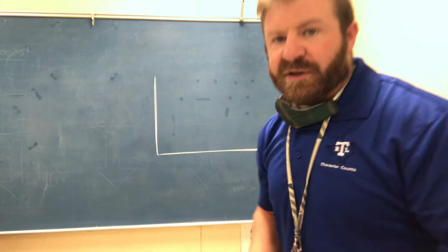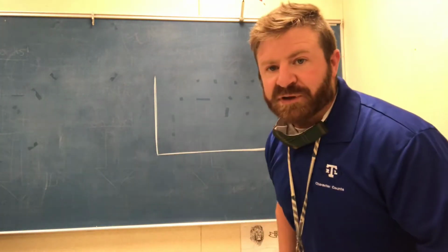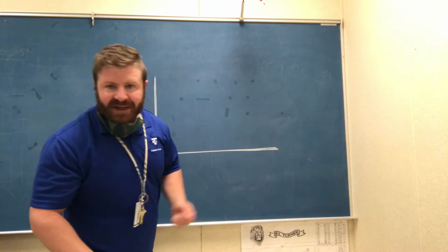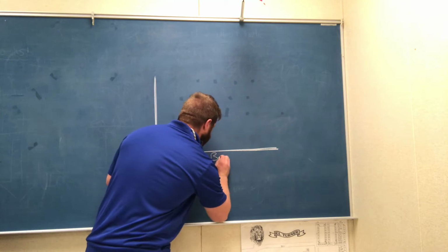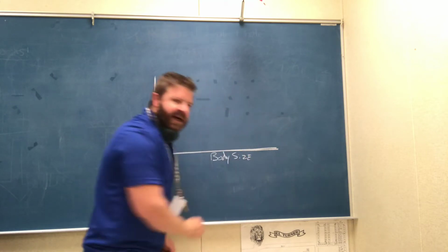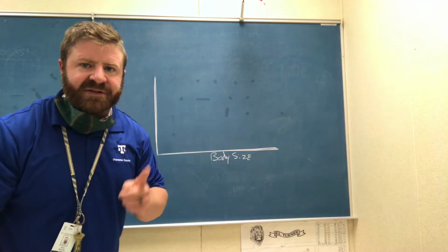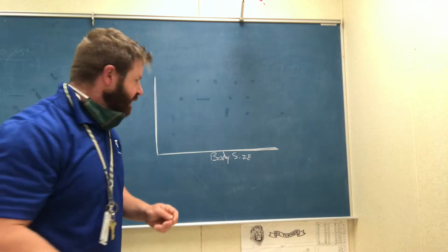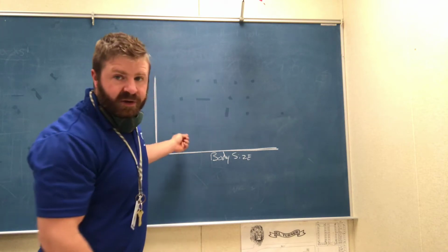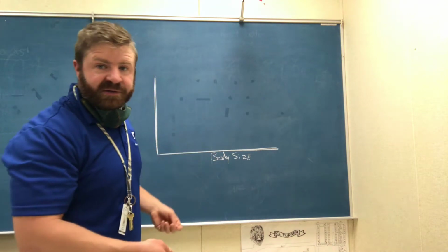So the first thing we need to talk about is just an average of a population. So let's say body size, for instance. If you've got a graph, you've got to have axes, okay? Otherwise the graph is pointless. So we've got body size on the bottom, and on this side we're going to have number of individuals.